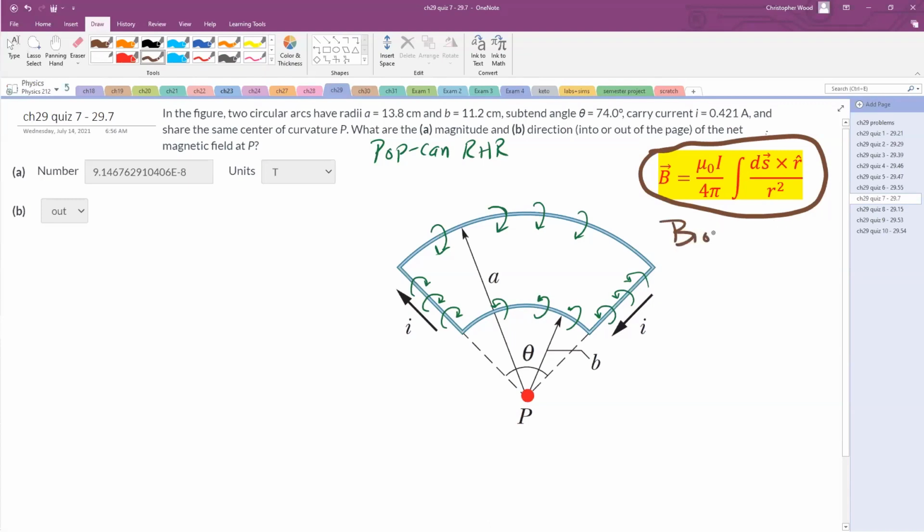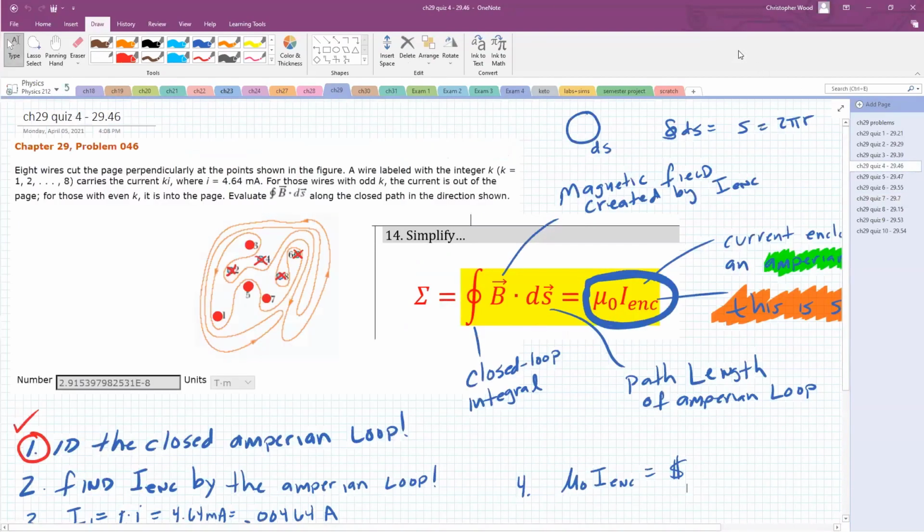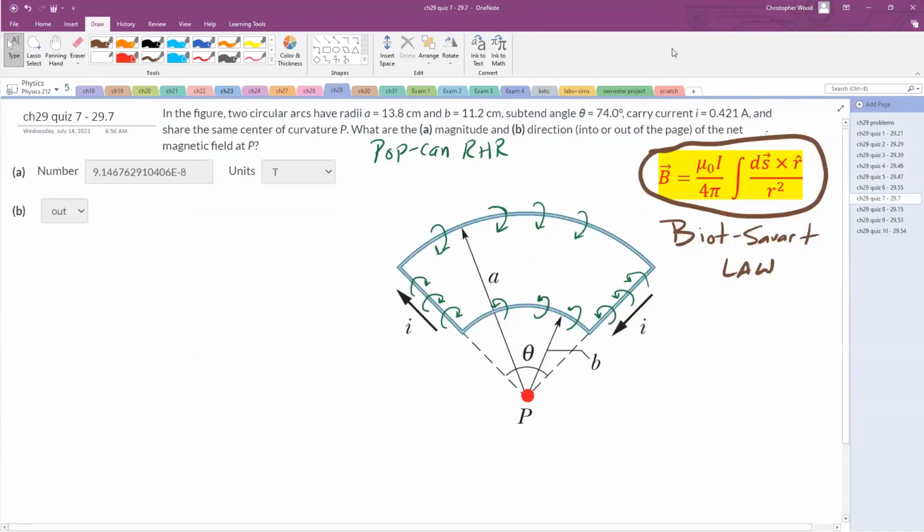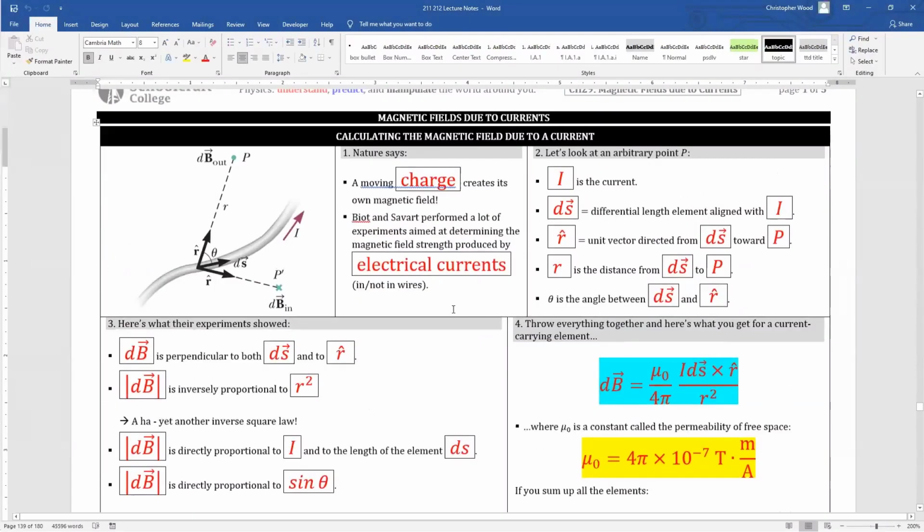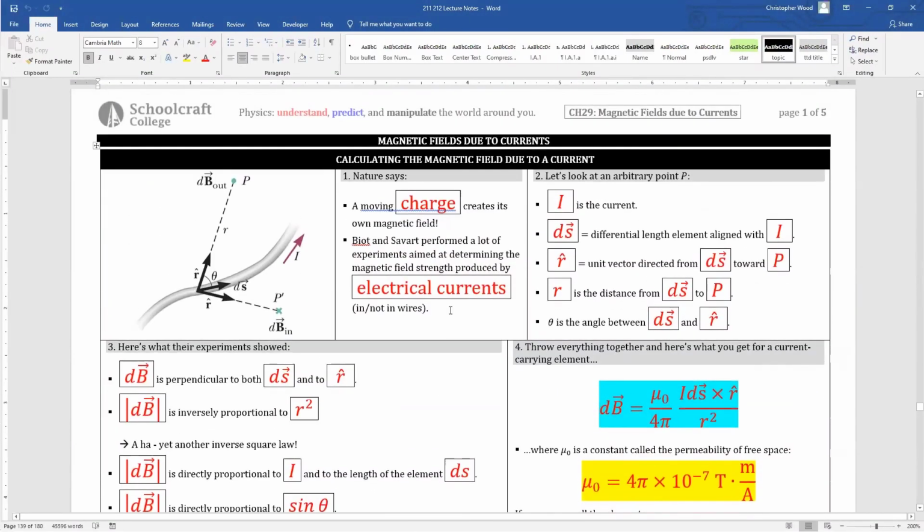I think this is where chapter 29 started out. This is a major portion of the chapter 29 lecture video, and it is a major part because of its fundamental nature. For example, if you looked at your green sheets, this is chapter 29.